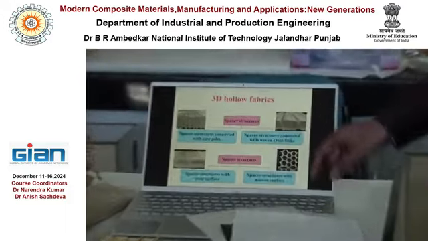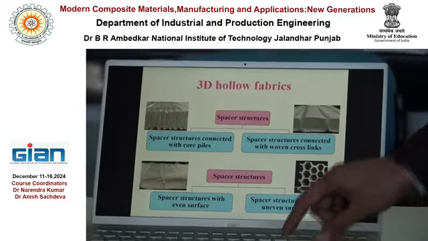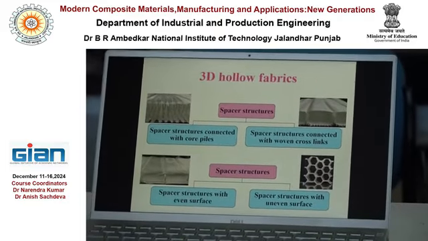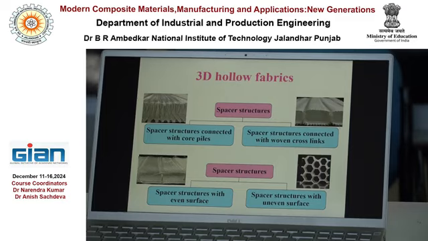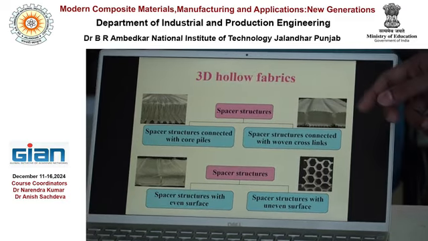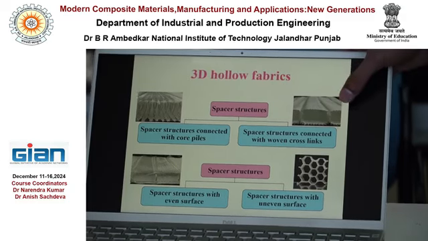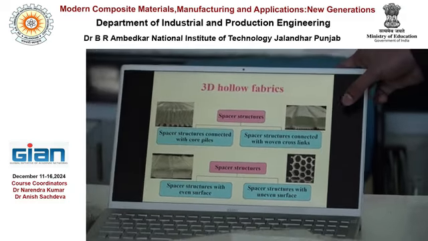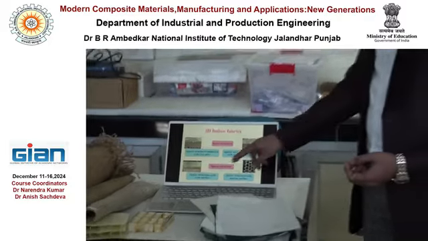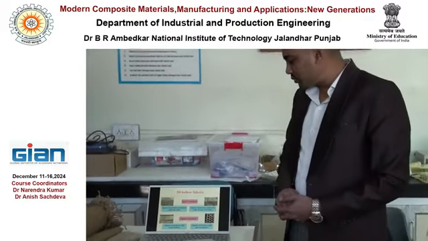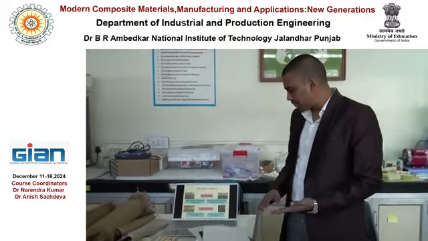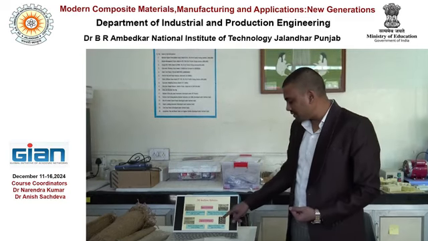Coming to the hollow structures. As I said in the classification, we can have the spacer structures connected with the core piles, spacer structures connected with woven crosslinks. Then we can classify them as spacer structures with even surface and spacer structures with uneven surface.